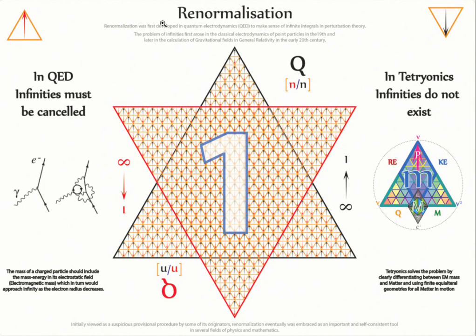In the case of renormalisation within QED, or fields of force within QED, or the study of quantized energy momenta within QED, Tetryonics shows us the physical reality of the arrangement of equilateral energy momenta within any field of energy, within any scalar field of force.